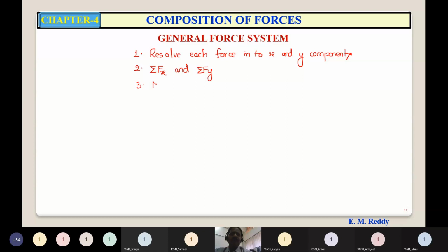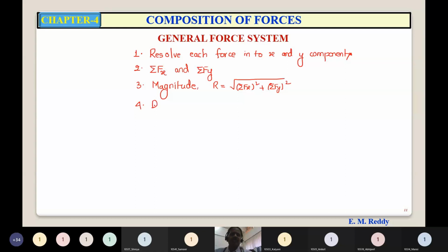Then you can have the magnitude of resultant by square root of summation Fx square plus summation Fy square.